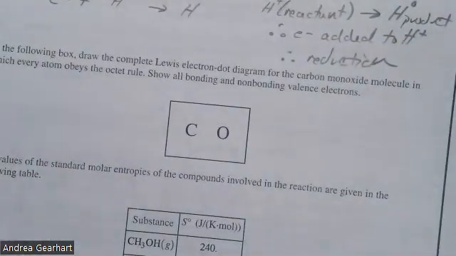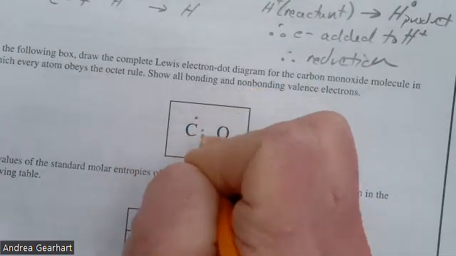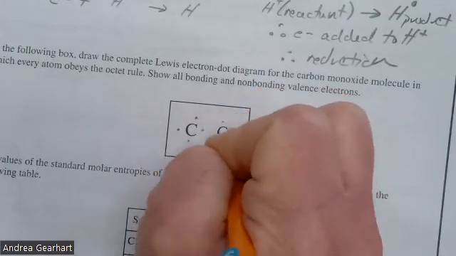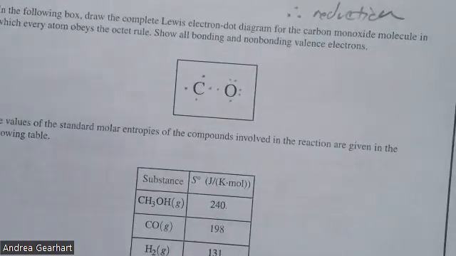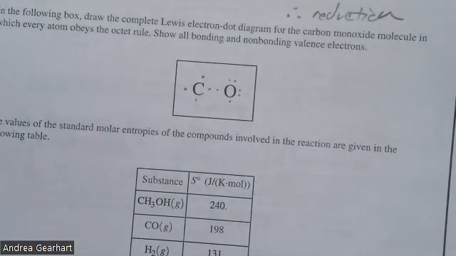Okay. Lewis dot. Yay. Carbon, nitrogen, oxygen, fluorine always have their octet satisfied. Always. They do not go over.